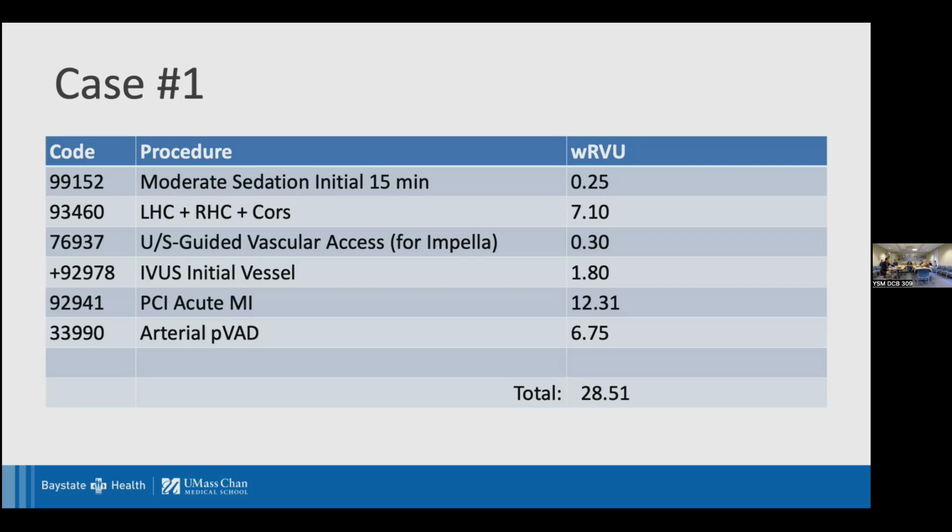Okay. So Andy, can I ask you for this one? Presumably the case didn't take 15 or 20 minutes, right? So shouldn't there be the subsequent 15 minutes for moderate sedation as well? You can bill that, 99153, is subsequent 15 minutes, but there's no physician reimbursement associated with it, because while you're doing the procedure, you can't bill as the anesthesia provider.